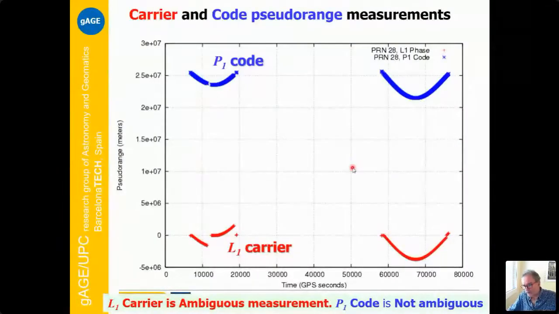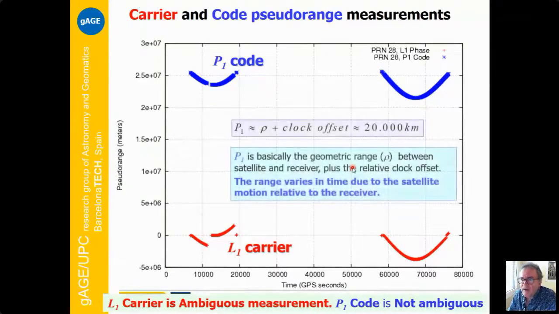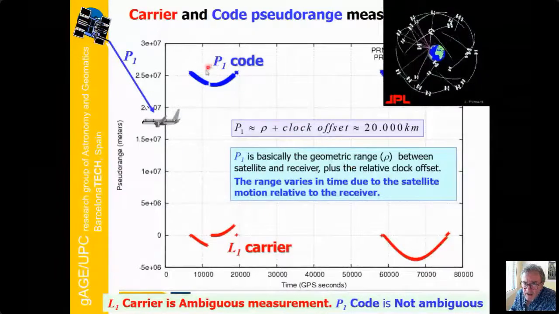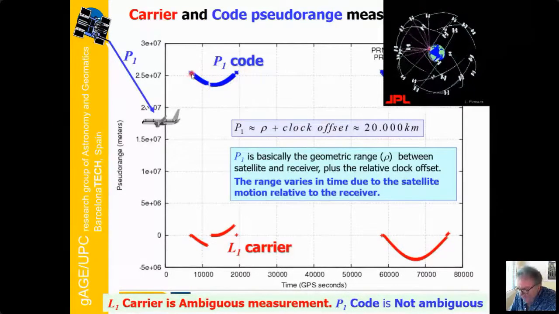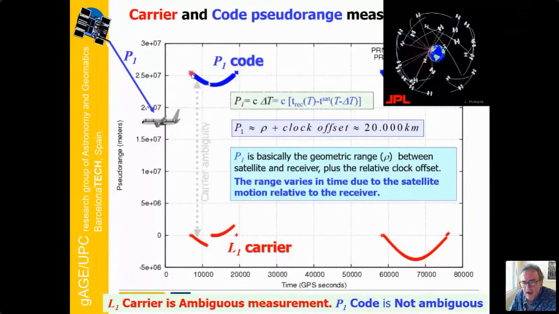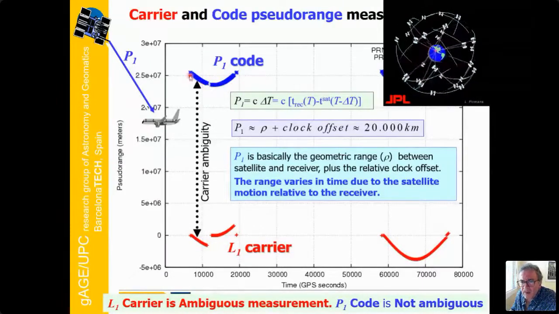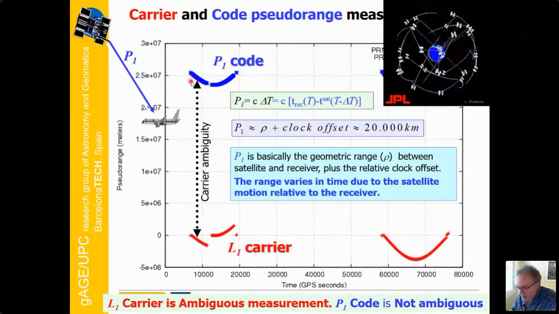Here we have a plot showing, based on real data, code and carrier phase measurements. In blue, we have code measurements. As I commented, code measurements are non-ambiguous measurements.